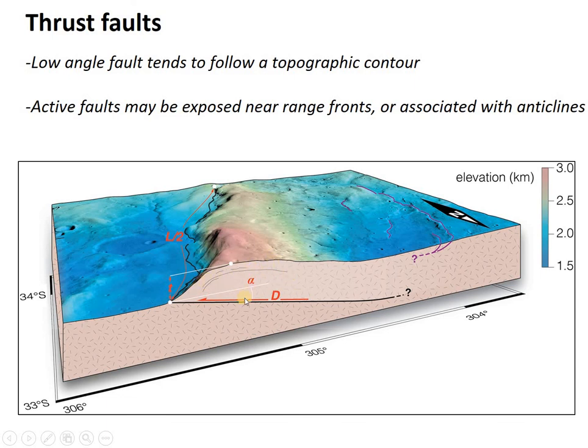That's another reason you'll often see thrusts popping out just at the outboard side of a ridge, if that ridge is a growing anticline.